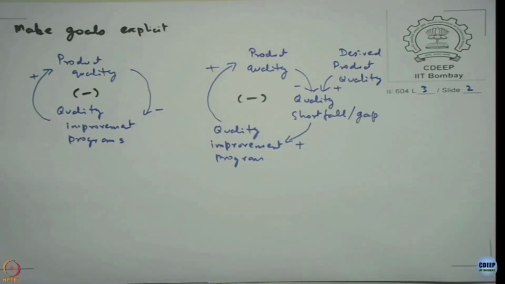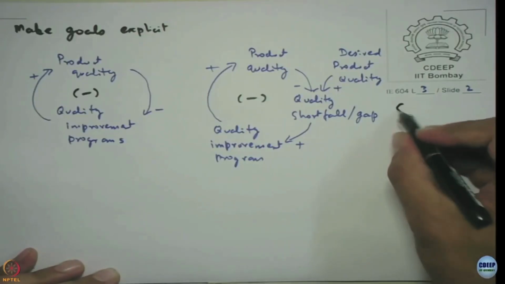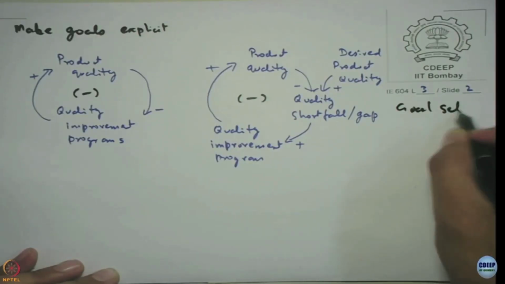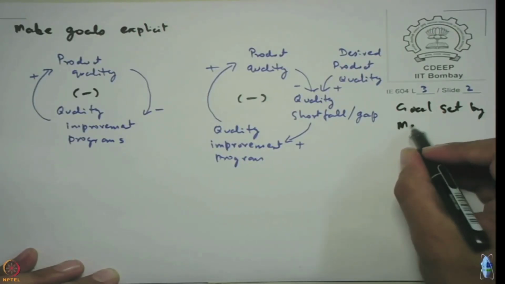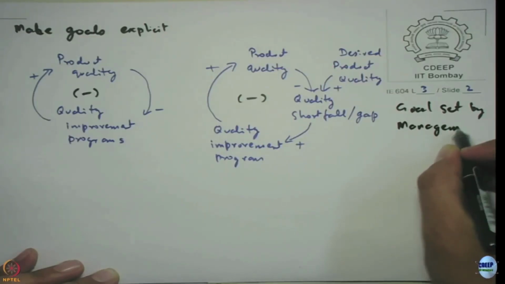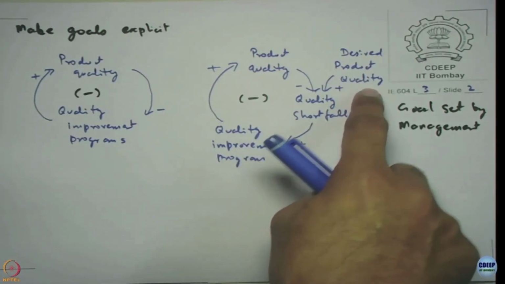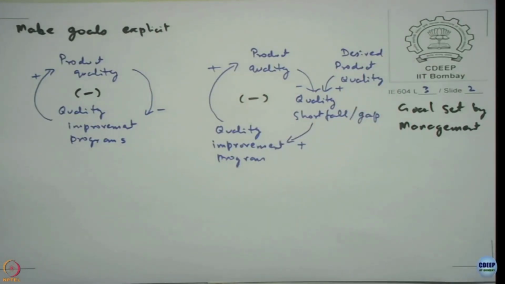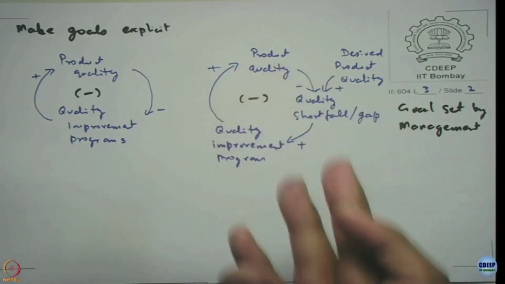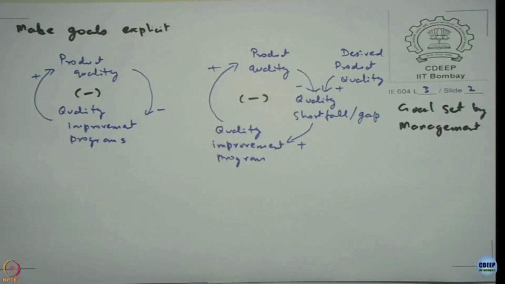The goal is set by management. Pretty much they decide, okay, this is the kind of quality I am going to produce, and let us define that. So, that is an exogenous variable right here. They have defined it, and based on that other activities happen. And for different product ranges, different companies have their own standards, against which they try to produce and work.